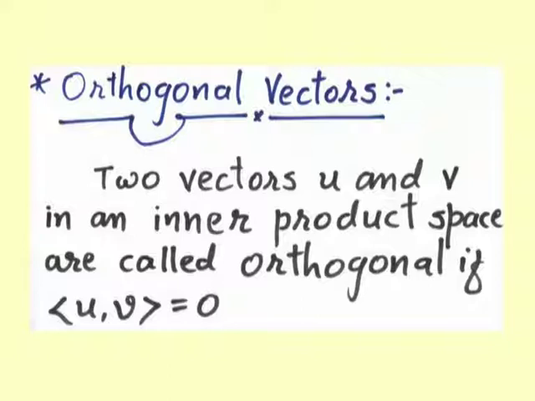So we have this inner product of uv upon norm of u into norm of v becomes 0, and therefore we get inner product of uv is equal to 0. That's why we are defining orthogonal vectors in an inner product space in this way. Let u and v be two vectors in inner product space, then they are called orthogonal if inner product of uv is 0.